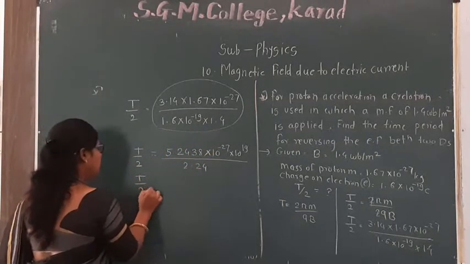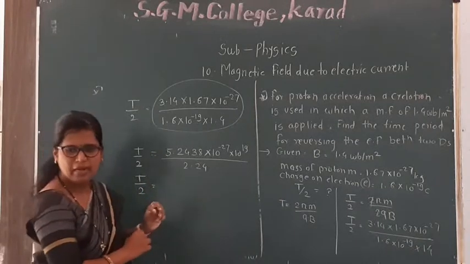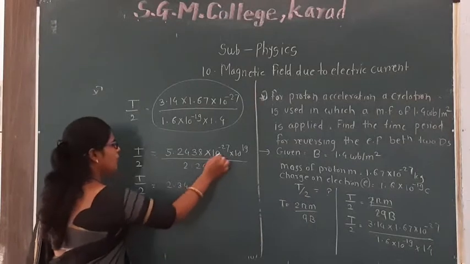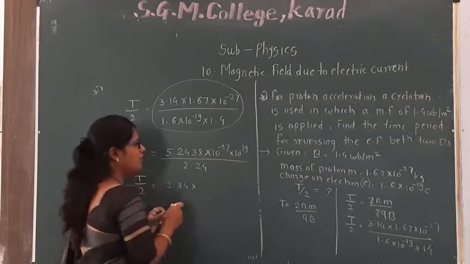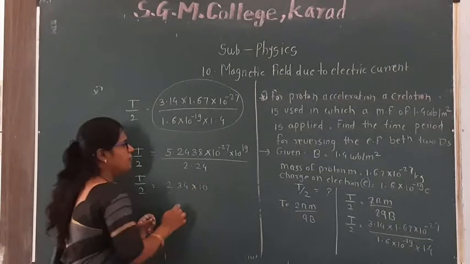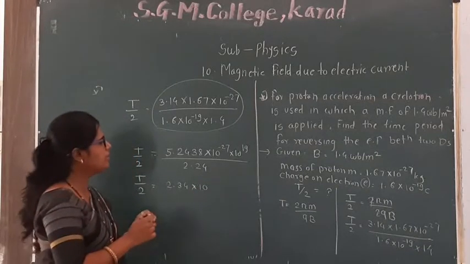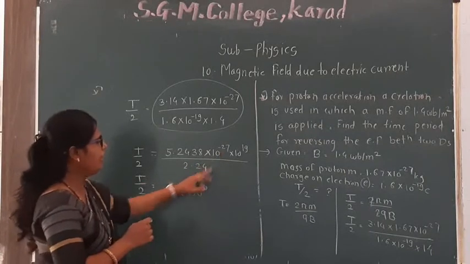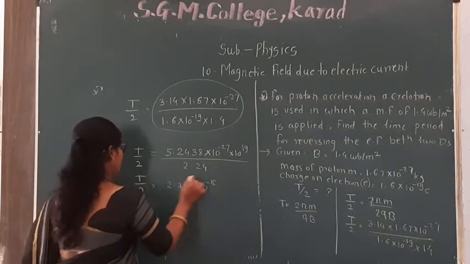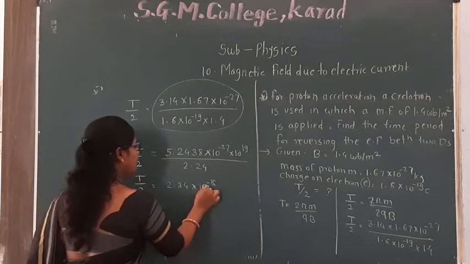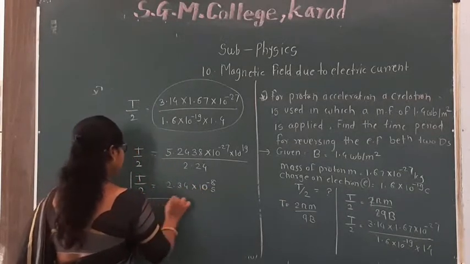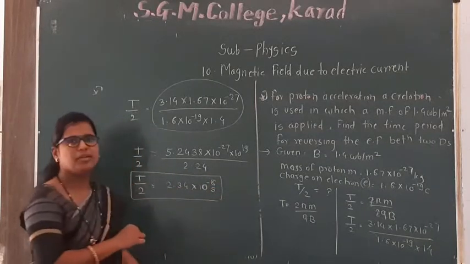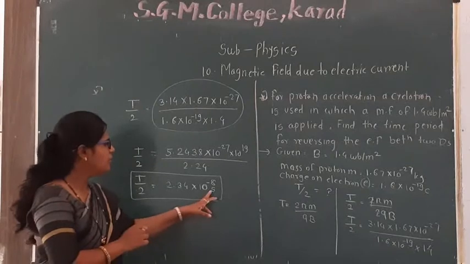Therefore T by 2 is equal to 2.34 into 10 raised to minus 27 plus 19, that is 10 raised to minus 8. The time period unit is second. We get the answer T by 2 is equal to 2.38 into 10 raised to minus 8 second.